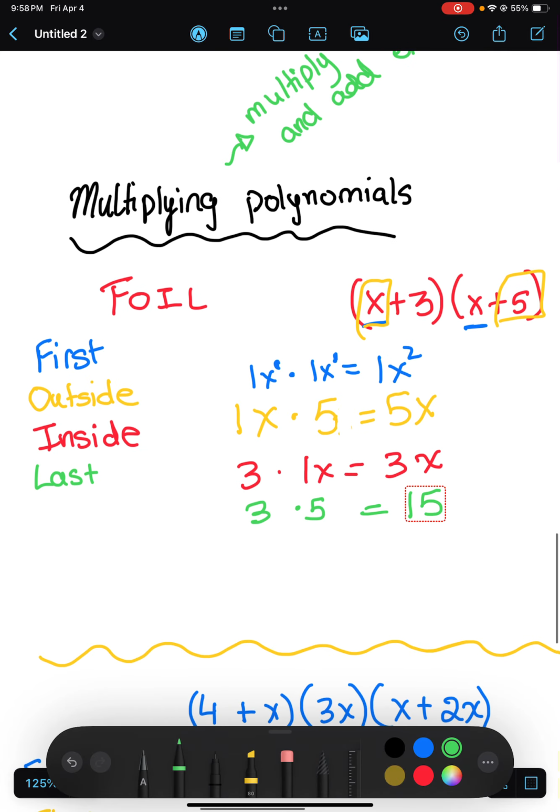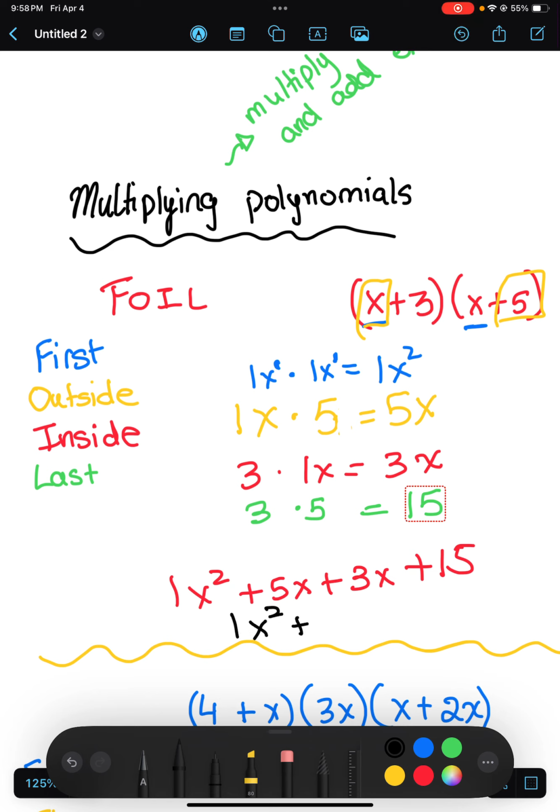And now you just combine them. So our final polynomial is going to be 1x squared plus 5x plus 3x plus 15. And now you look for any like terms. I do see 2 over here that can be combined. So I'm just going to rewrite this as 8x plus 15, and that's my answer.